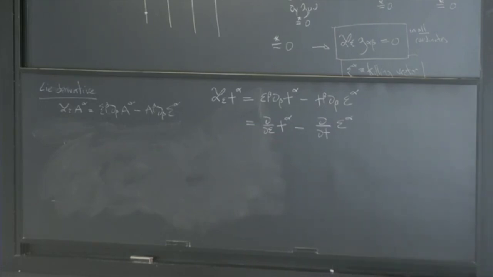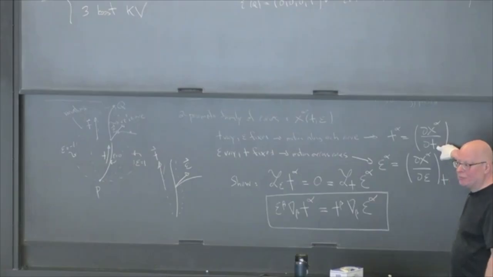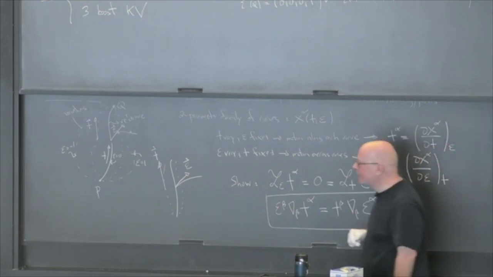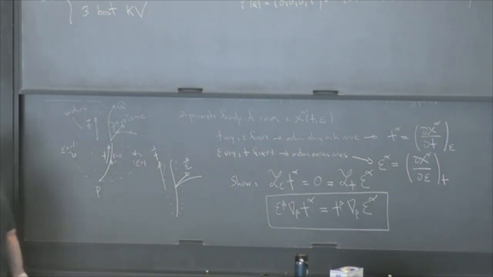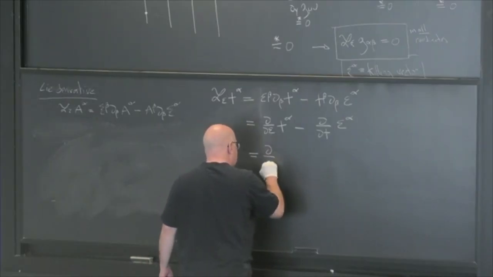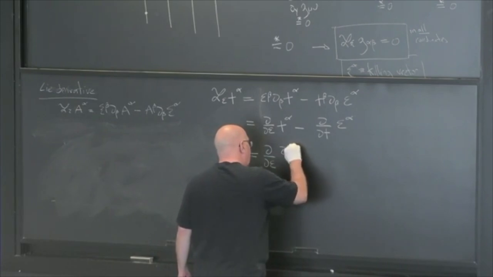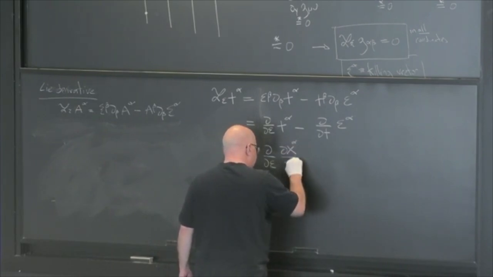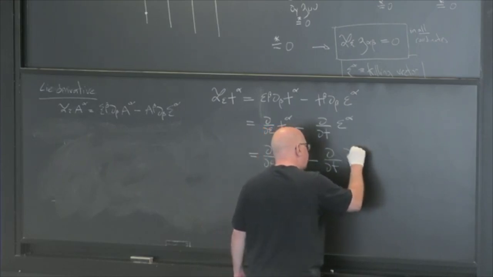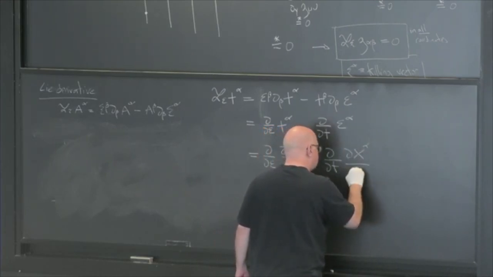But t beta is just derivatives of the coordinates with respect to t. So apply the chain rule of differential calculus, and that defines a partial t derivative. So we have that. But then we can use those relations again. Here I have the epsilon derivative of the t derivative, and here I have the t derivative of the epsilon derivative.